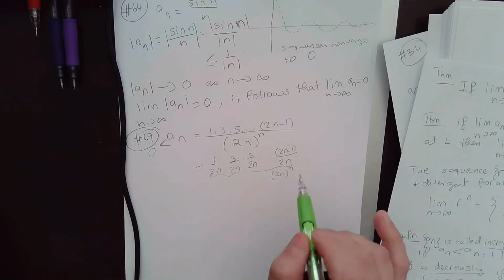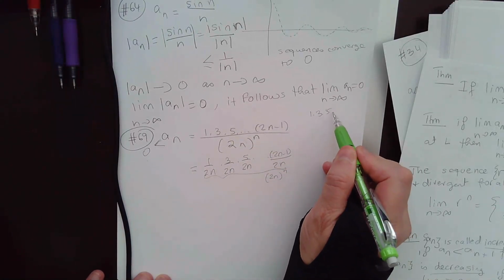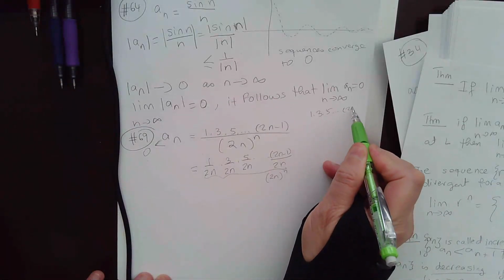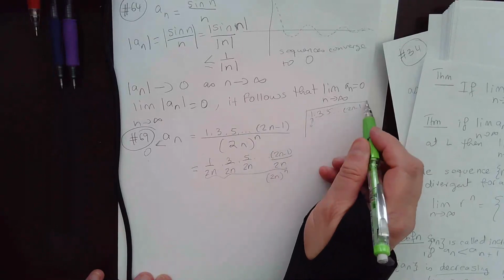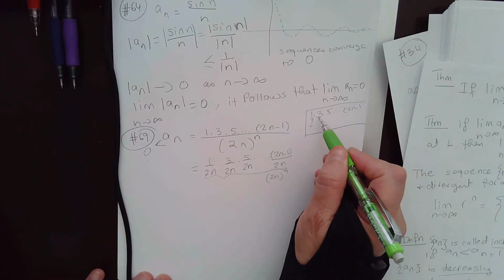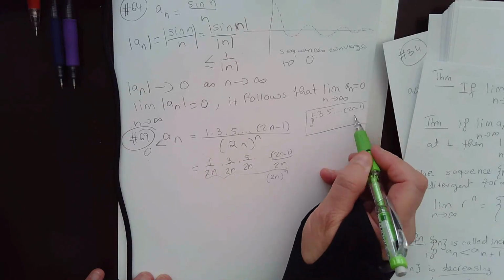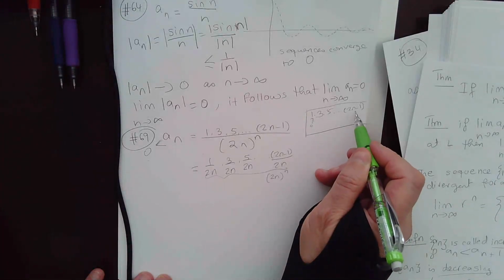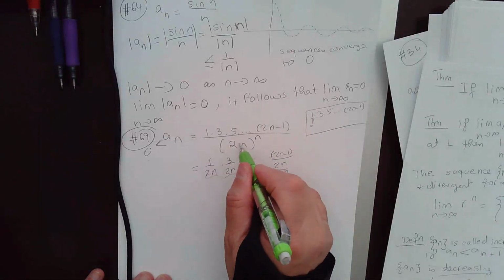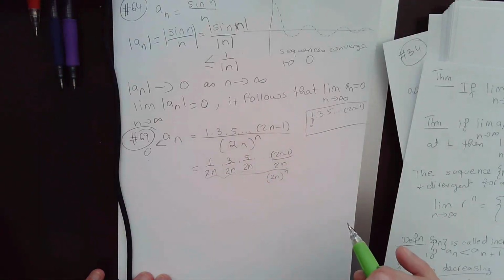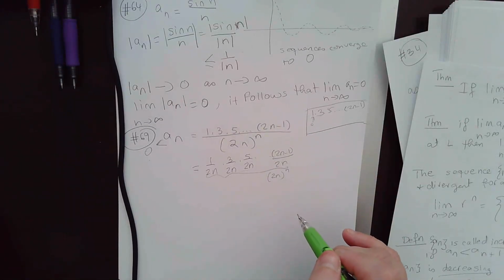Sorry, I don't want to confuse you. If you take the numerator here by itself, this is the first term, the second term, the third term, this is the nth term, okay? So if you're thinking about this by itself, this is the nth term. So here you have n terms, and 2n is a factor n times. This is the way you can think about this here.